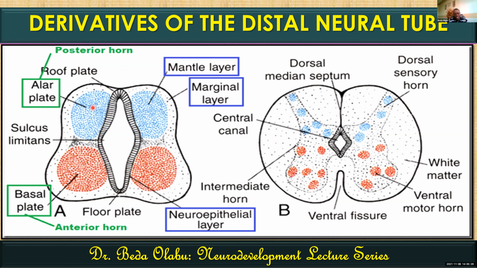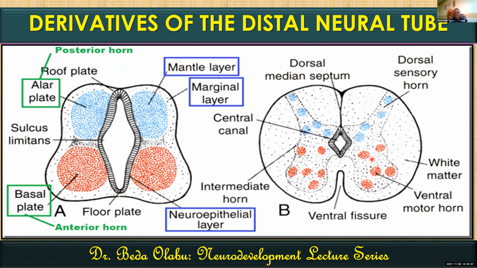Now, coming back to the mantle zone. The mantle zone, we've agreed, has paired swellings. The ventral paired swellings, the basal plate, represent the motor column. So what does it become? It becomes the ventral horn of the spinal cord gray matter.